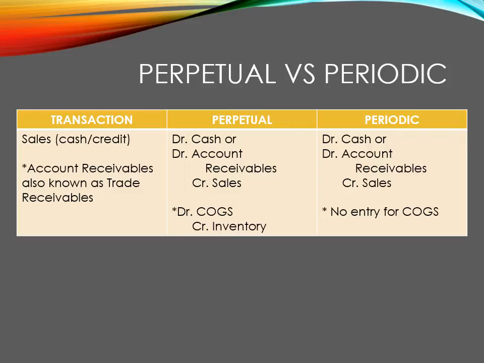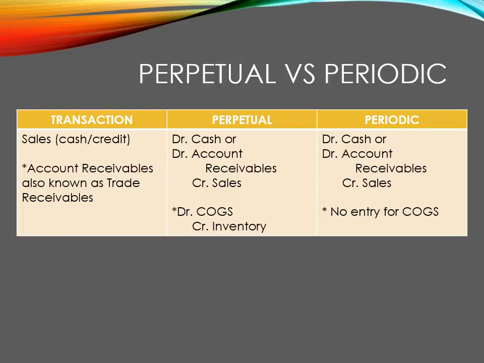However, for recording the cost of goods sold and inventory, you must use the cost price. What is the price that you paid for that particular inventory when you purchased it? So you need to find out how much is the cost of the inventory when you record the debit, cost of goods sold, and credit the inventory.